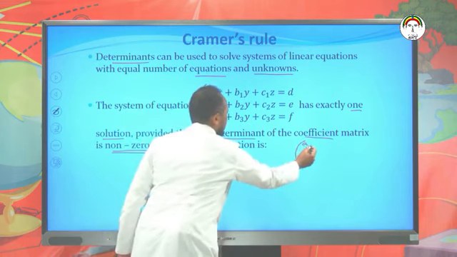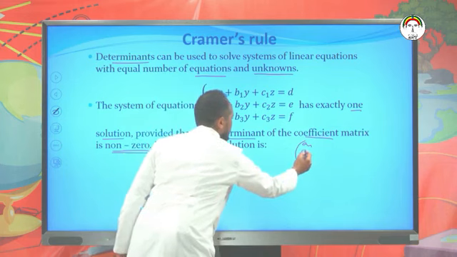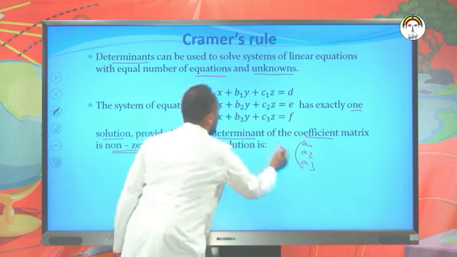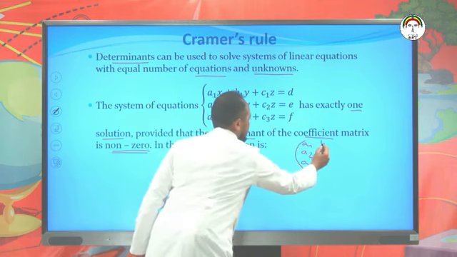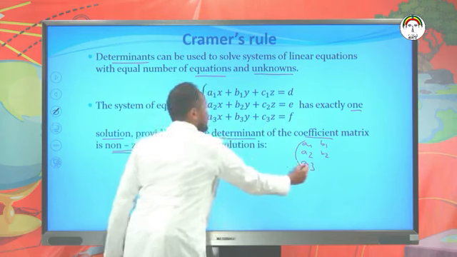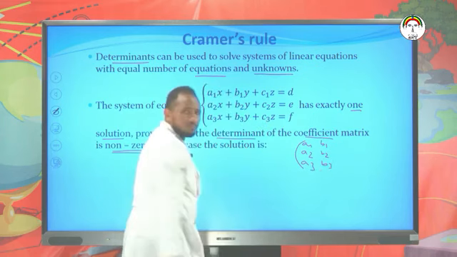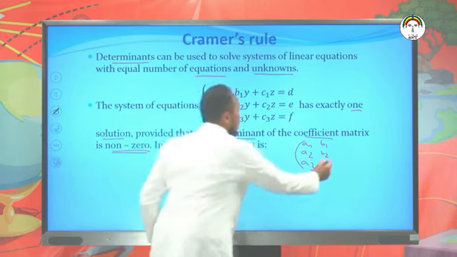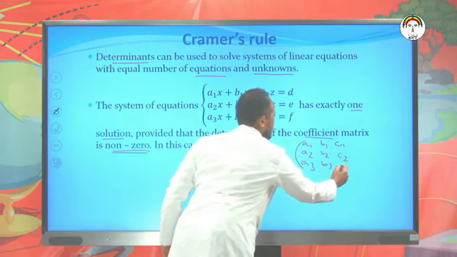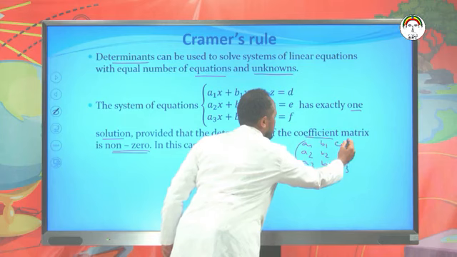The coefficient matrix is: A1, A2, A3, then B1, B2, B3, and C1, C2, C3.